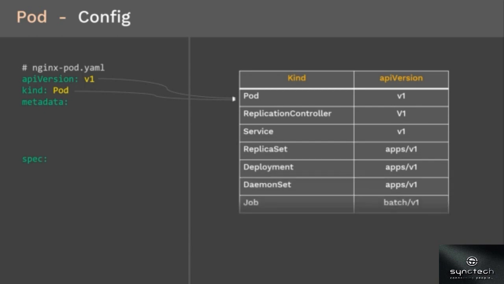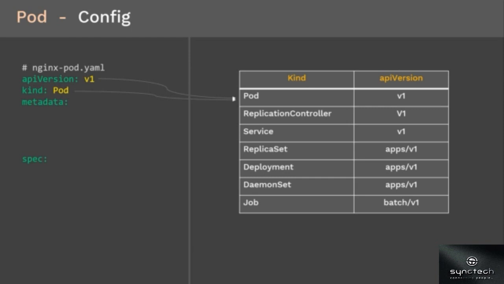Most Kubernetes objects consist of 4 top-level required fields, and even the pod manifest file contains the same 4 top-level fields. They are API version, kind, metadata, and spec. You must have them in your configuration file. So, let's see what they are. First, API version. API version defines the version number which this Kubernetes object belongs to.